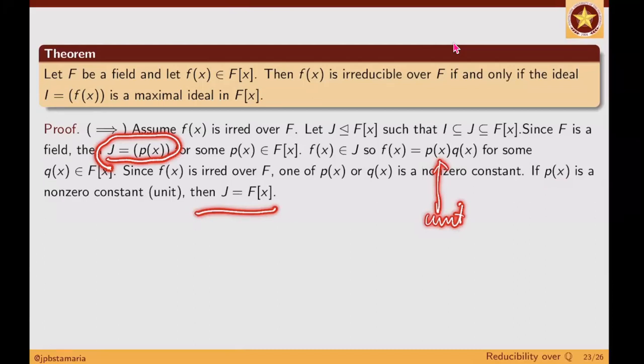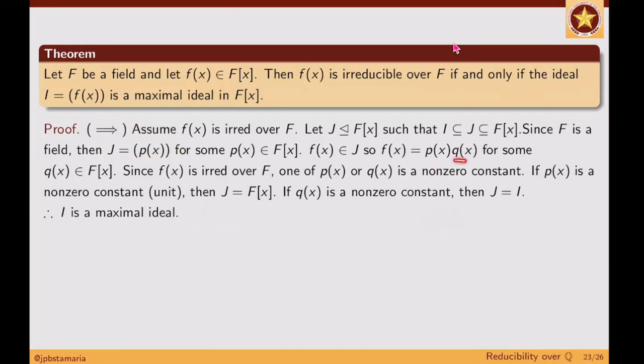Lahat ng mga ideals na mas maliit doon sa ring should never contain a unit. That's a property from a lesson way back when we were talking about ideals for the first time. Sige, you can kind of review. Kaya mangyayari, kung si P of X yung constant, yung J magkakaroon ng unit. So si J ay F square bracket x lang.